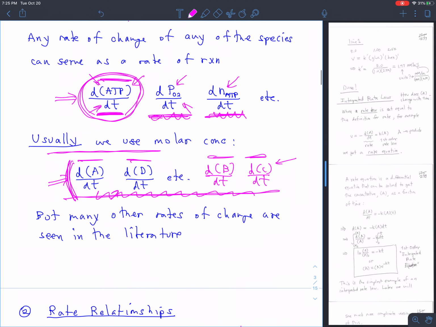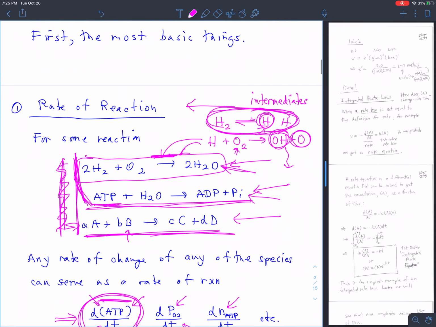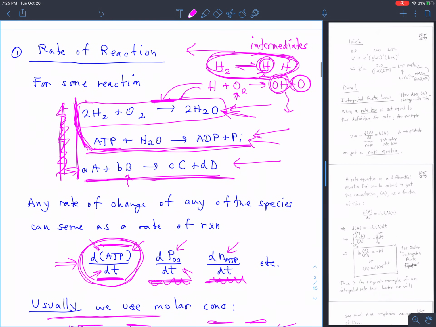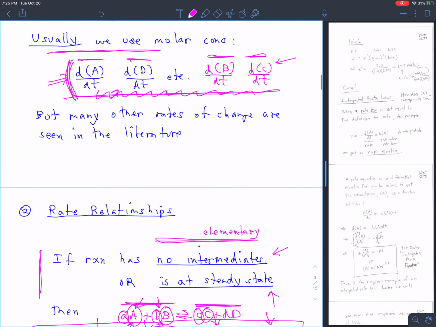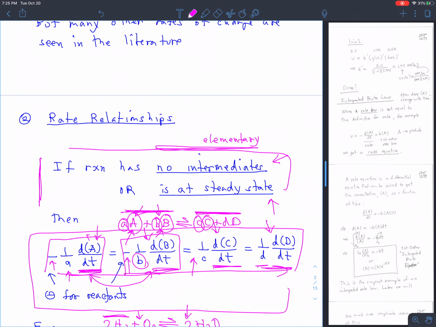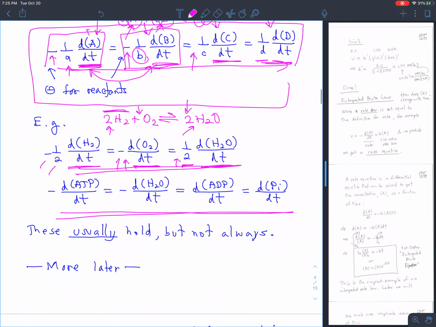Again, this applies the vast majority of the time. It's usually assumed that these relationships hold, but strictly speaking, they only hold for elementary reactions or for reactions that are occurring at steady state. So for example, since the water reaction here is not elementary, this set of relationships only holds if the reaction is proceeding at steady state, which is the vast majority of the time in the course of any chemical reaction.